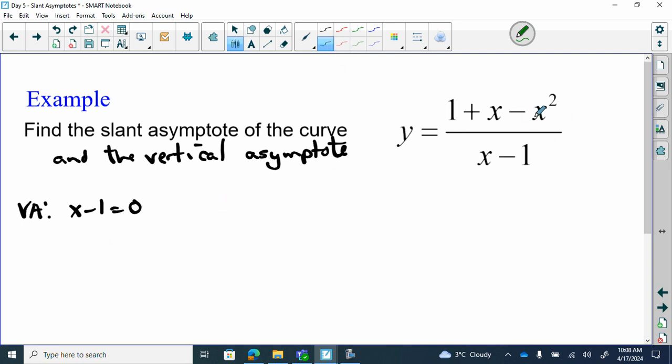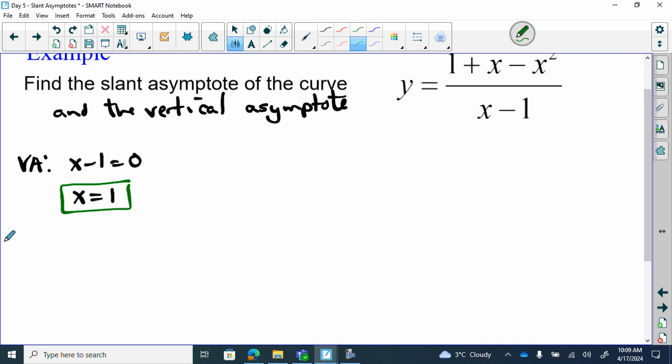This one doesn't factor. Okay? What would my vertical asymptote be? 1. Okay? Now I could test the left of 1, and I could test on the right of 1.